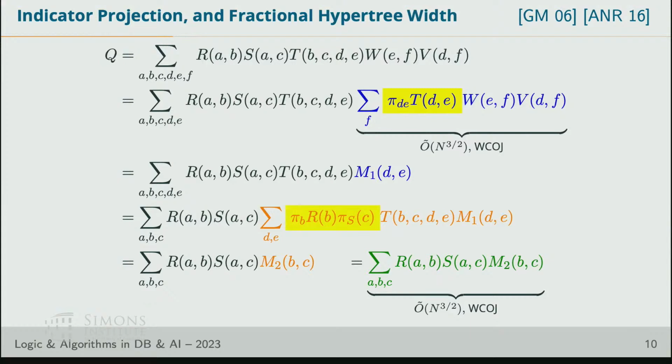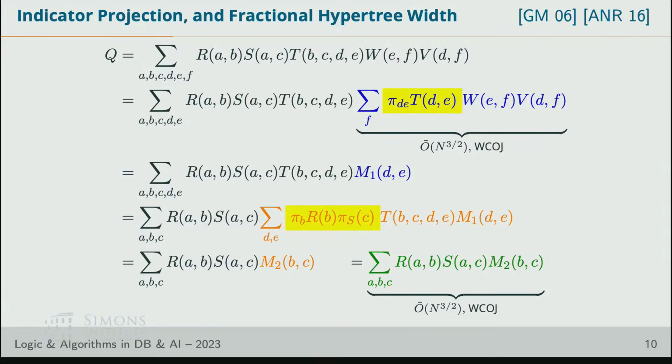These are numbers, the M1, M2. Oh, so this M1 is just the result of this. It is a function, it's a relation over three variables actually. For every D and E, we have the summation over F corresponding to the D and E. Okay, so this is a relation.